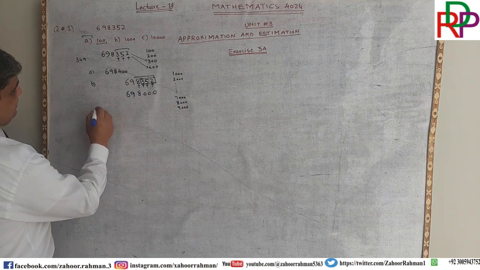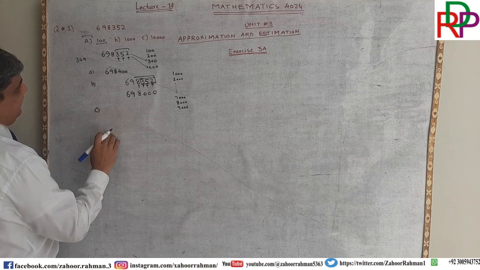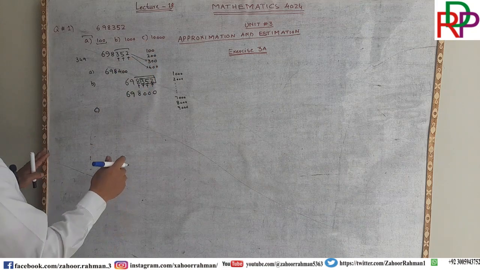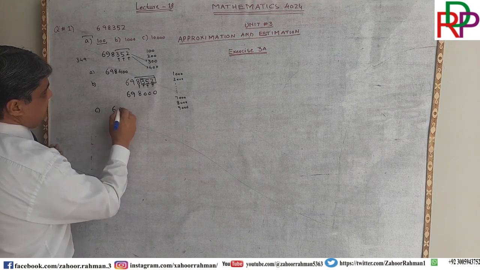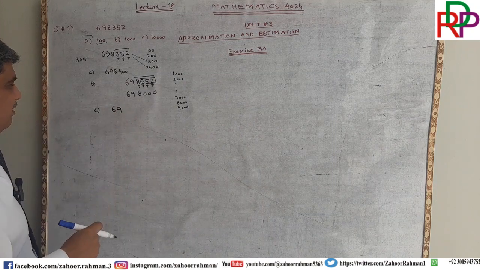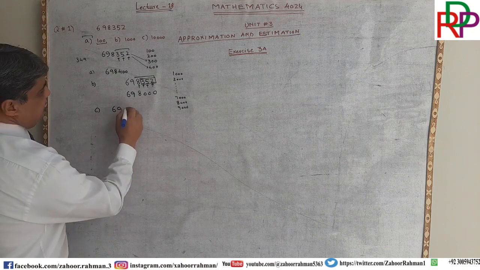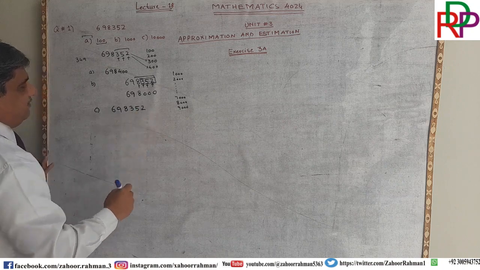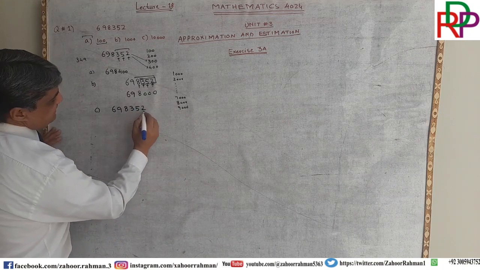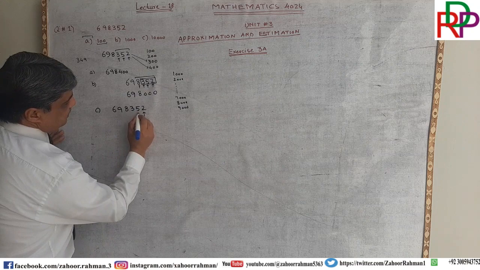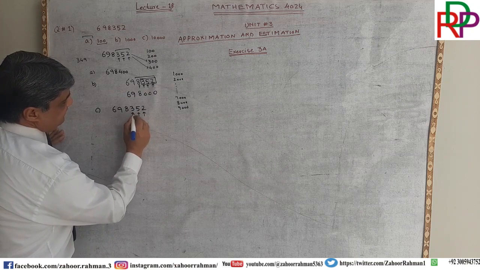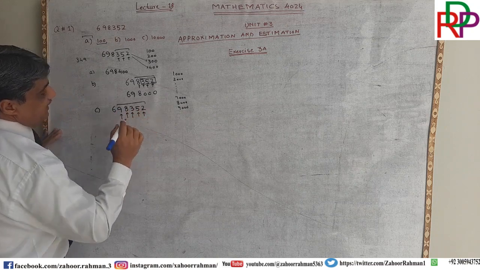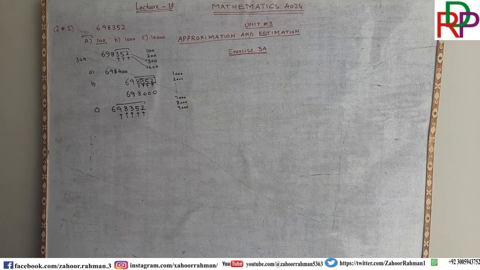Now let us focus on part C, and they are saying to the nearest 10,000. In this case, I am writing the number which is to be rounded off, and then we will see what the question is asking from us. To the nearest 10,000, we focus on unit, 10, 100, 1000, and 10,000. We have to focus on this number.